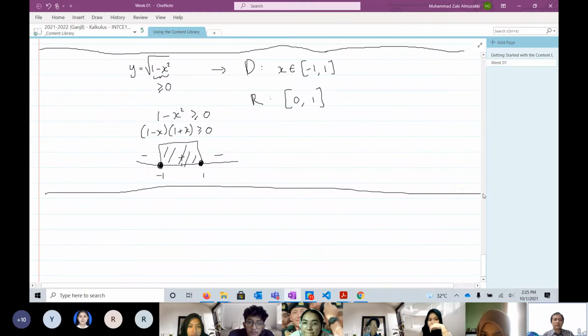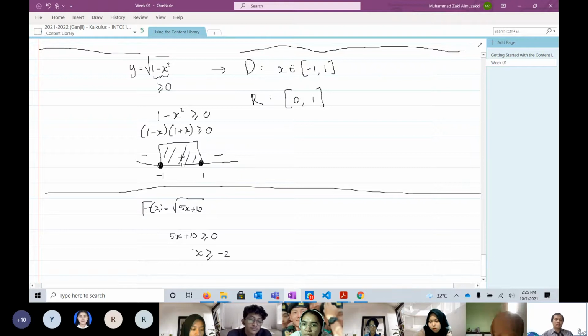What we need is the same, right? So we have f of x equal to square root of 5x plus 10, meaning that we need 5x plus 10 greater or equal to 0, meaning that x is greater or equal to -2.